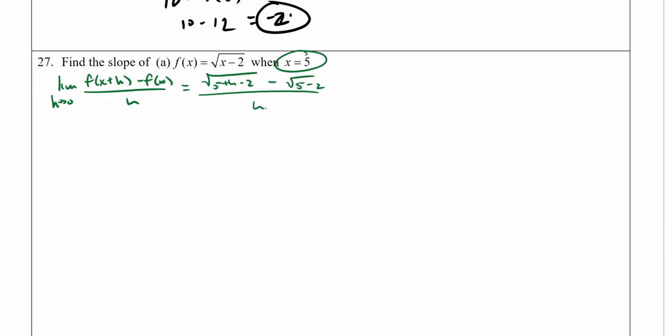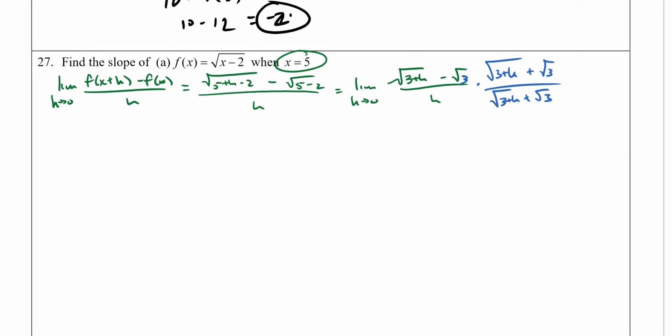all over h, which is the limit as h goes to 0 of radical 3 plus h, when I simplify, minus radical 3 all over h. We now have a complex radical problem, so I'm going to multiply by the conjugate, radical 3 plus h plus radical 3 over radical 3 plus h plus radical 3.